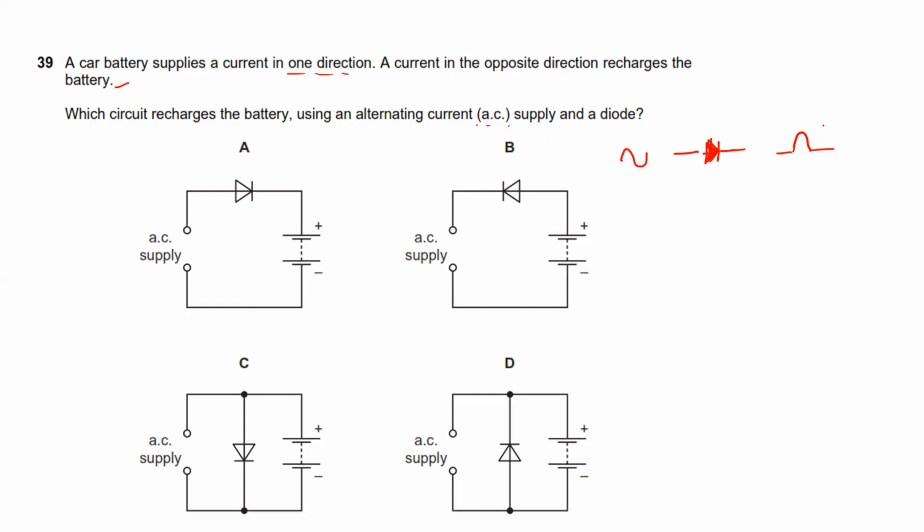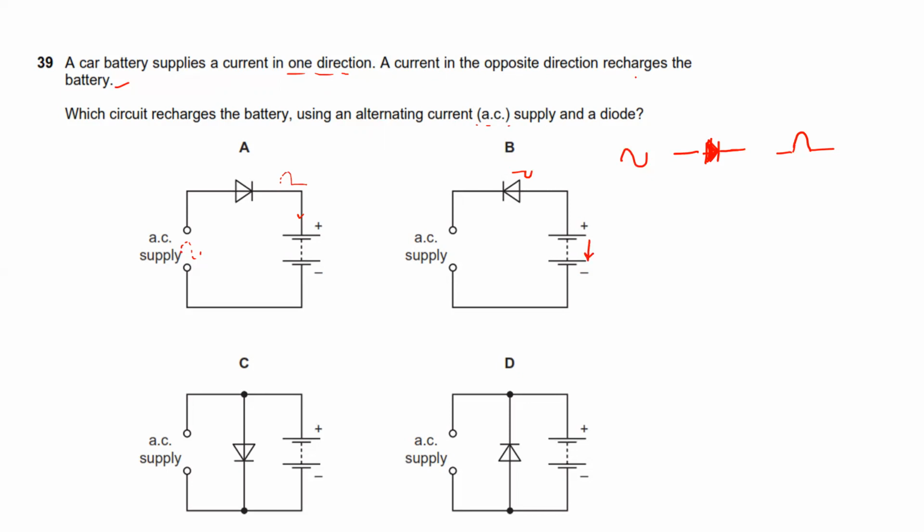Okay. So in this case, the positive signal will come, the negative will not come. In this case, the negative signal will come, and it says the battery supplies in one direction. So the battery is supplying, say for example, in this direction.